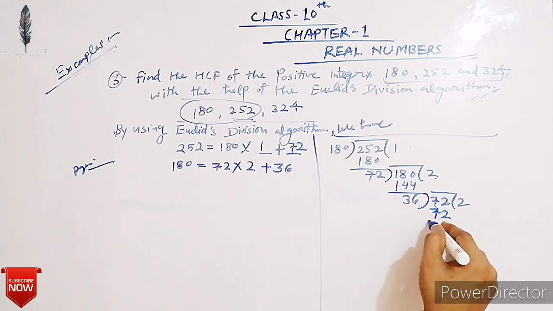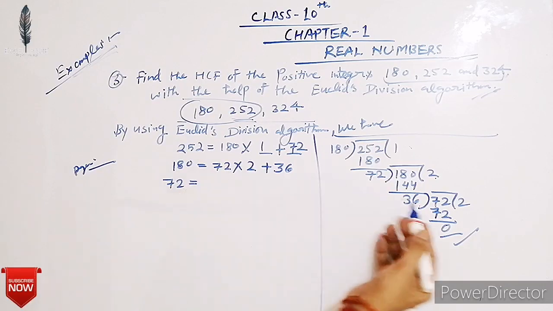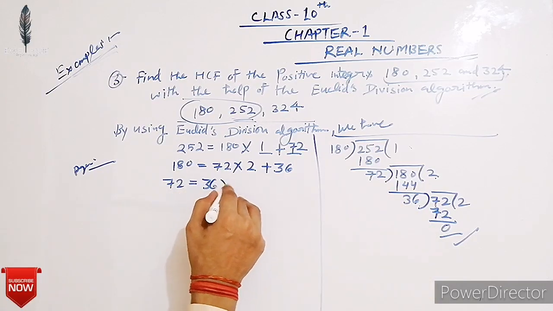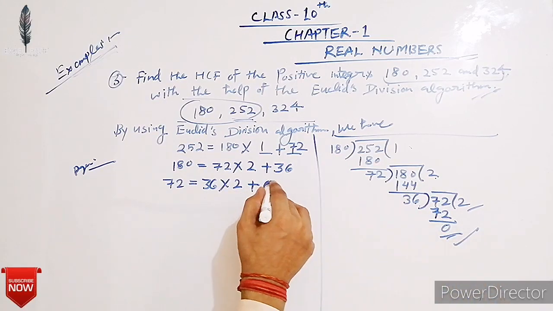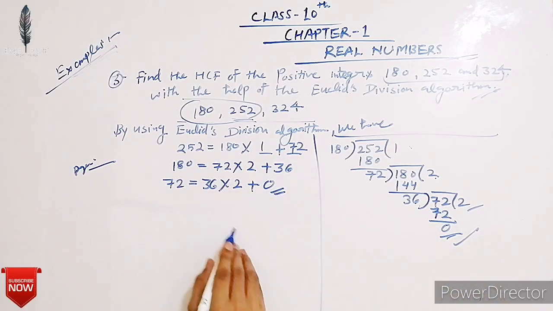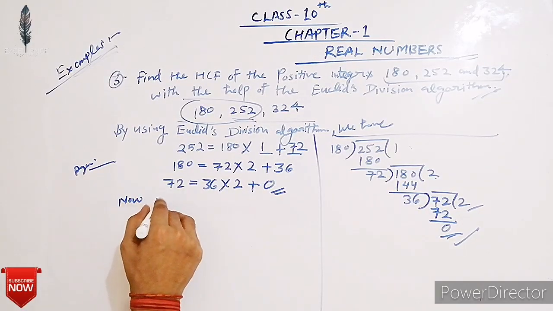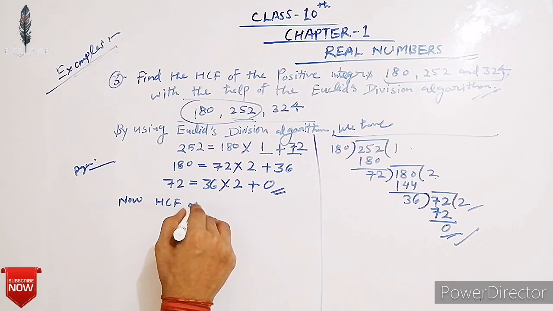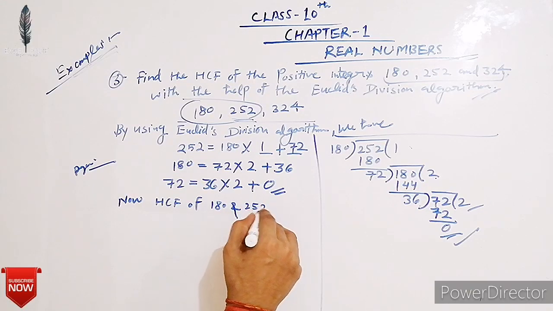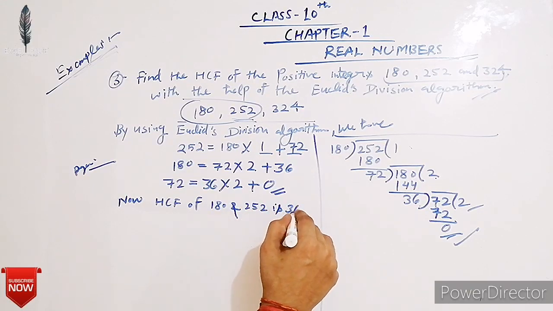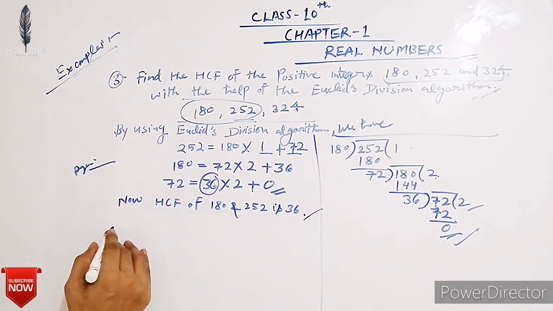So here 72, here we got remainder 0. So here 72 is equal to 36 into quotient 2 plus 0. Here we got remainder 0. So HCF of 180 and 72 is 36. Okay.